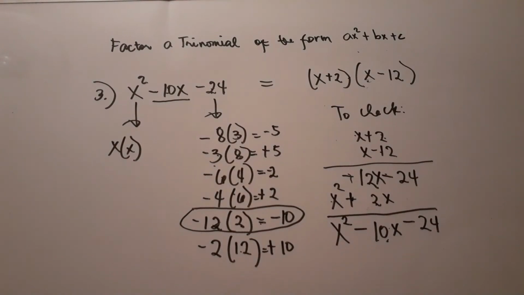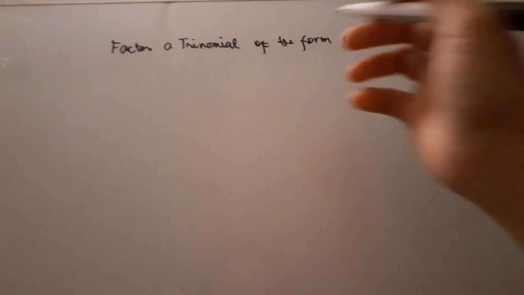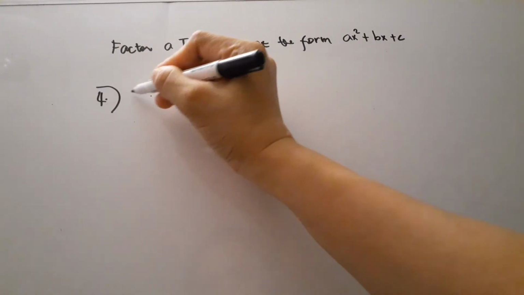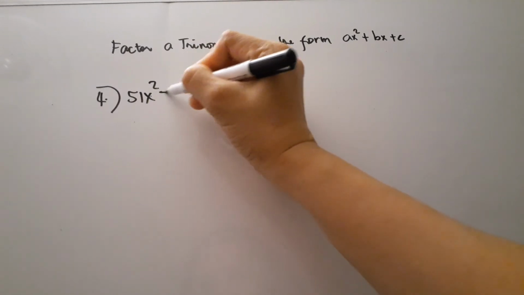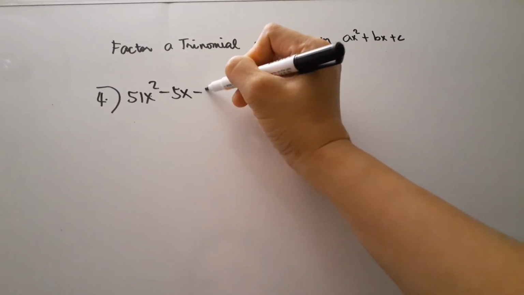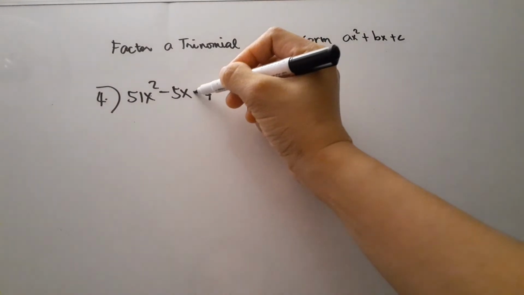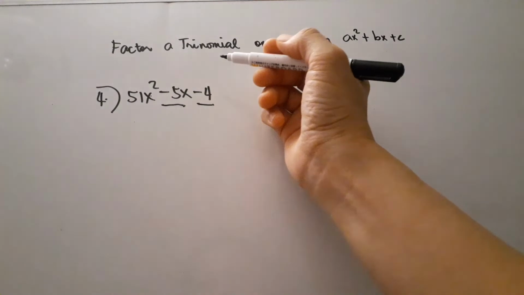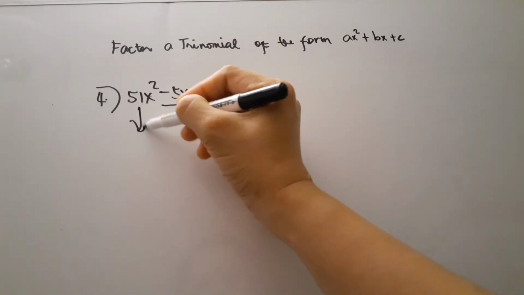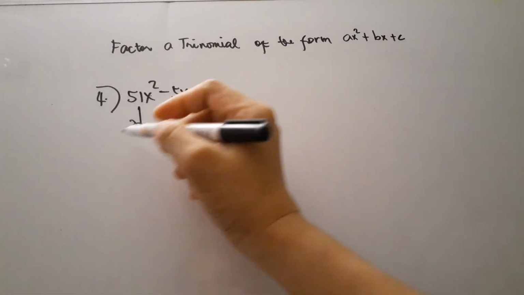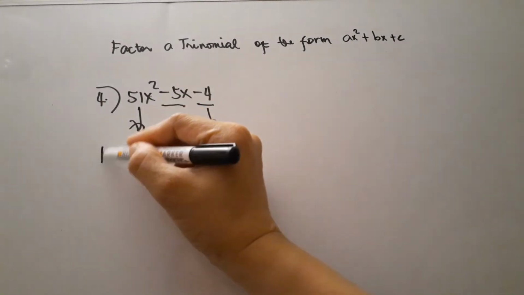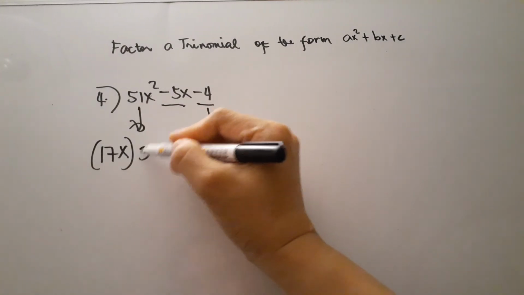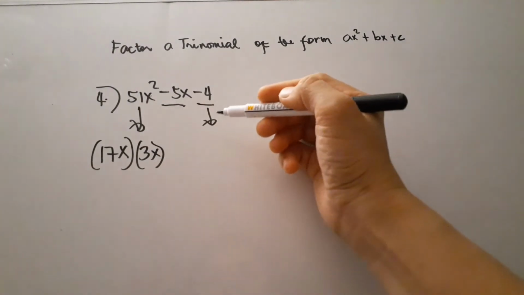And we can have another example, number 4. What if our first term has a larger value? It is different from example number 3. So we have a larger value of 51 in the first term. So 51x squared minus 5x minus 4. Since the constant term is negative and the coefficient of x is negative, the constants of the binomials are negative and positive.